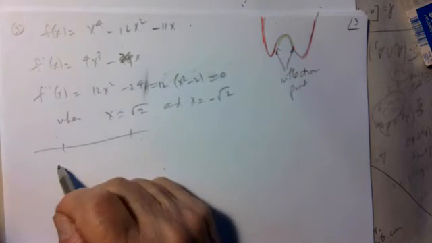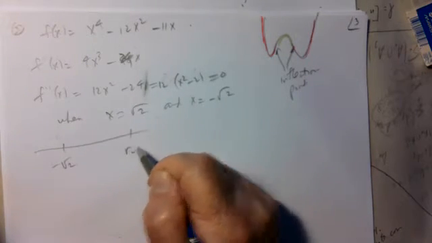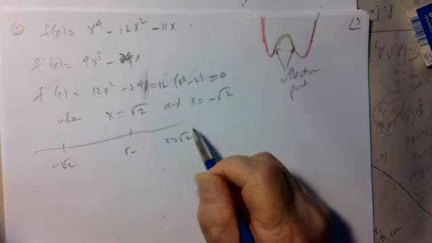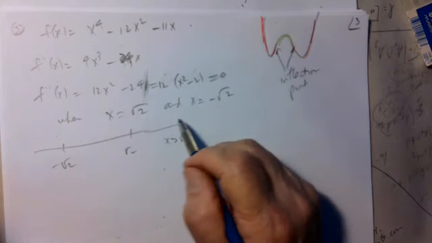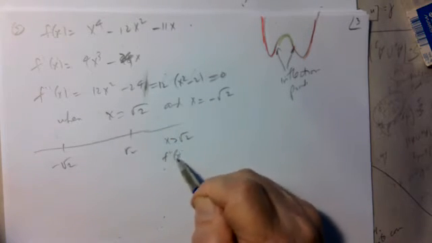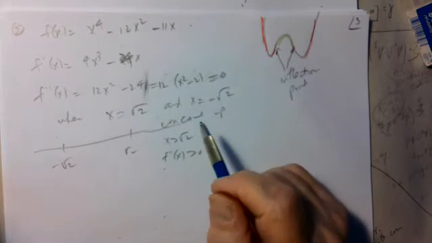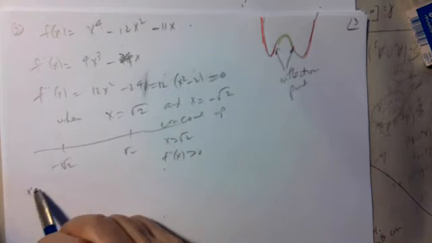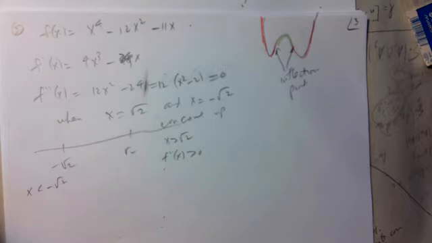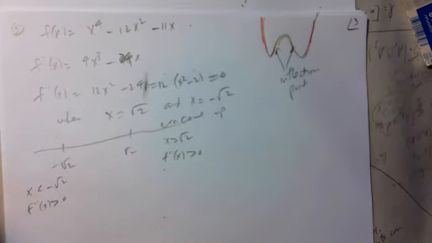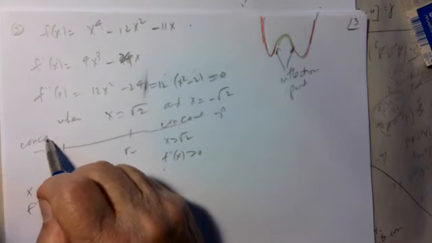And if you look at the number line, when x is bigger than the square root of 2, this is positive. So the curve is concave up. And similarly, when x is less than minus the square root of 2, the second derivative is positive, and the curve is also concave up.